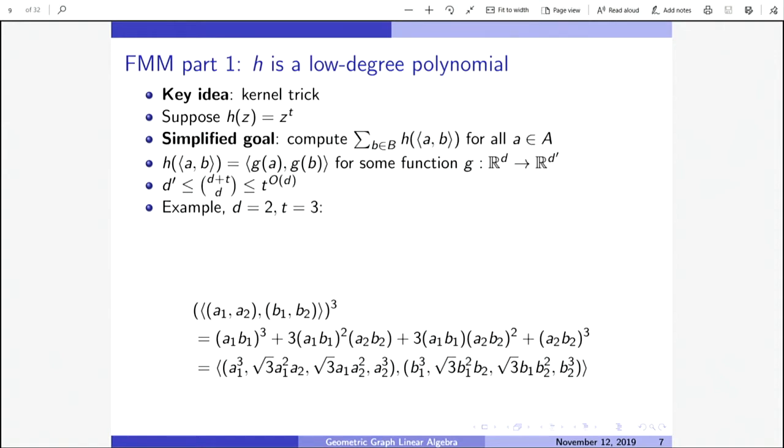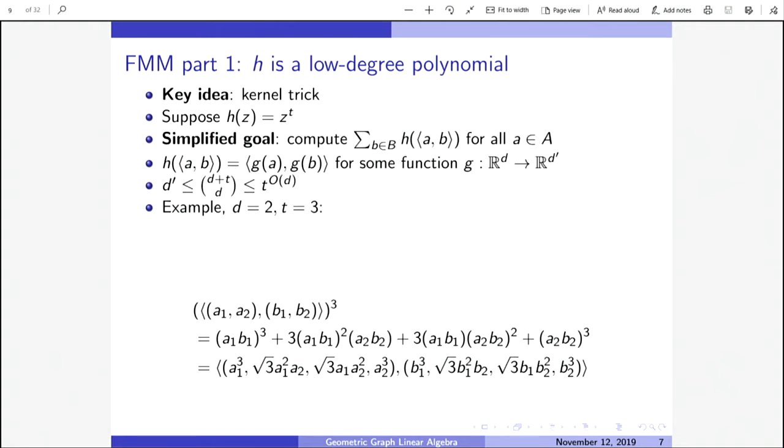Specifically, d prime, the dimension that you embed in, is at most t to the order d. The way you should think about t to the order d here is that t is a small number, say a constant, and d is substantially smaller than log n. So this is a small number.